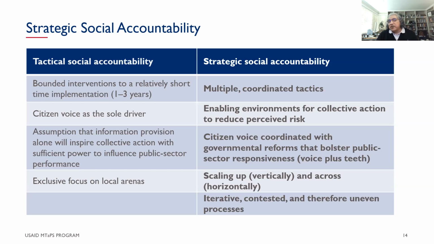The evidence that we have for more than 2 decades is that, as I said before, social accountability is implemented in this context with many stakeholders with different interests, and one single tool may not be sufficient to influence the decisions. Also, on the idea that just providing information is sufficient for citizens to act, the evidence says no, it's not sufficient. Citizens or users of services need more than just the information to act.